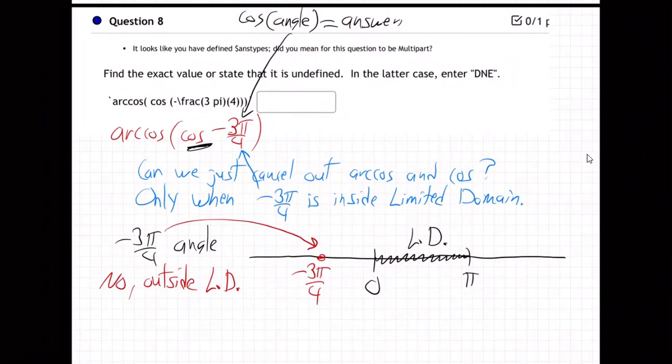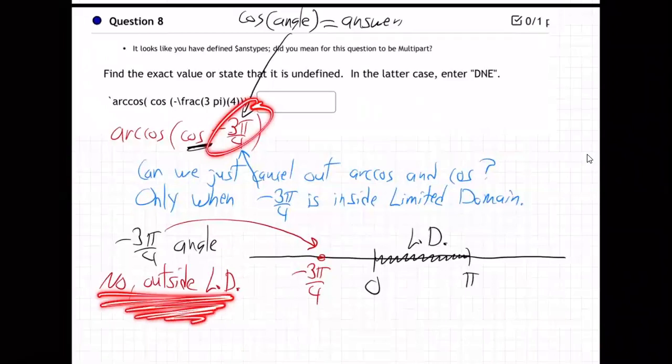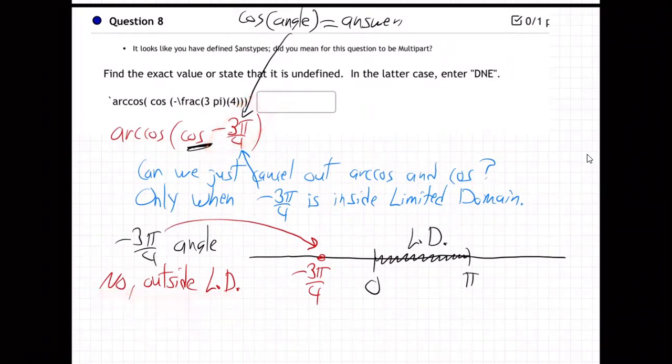If you have an answer that's outside of the limited domain, that's when it's D and E, because you can't mess with answers. Answers are not like a clock, but angles are. If they give us an angle that's outside of the limited domain, you can always add 2 pi or subtract 2 pi until you get something that comes back.